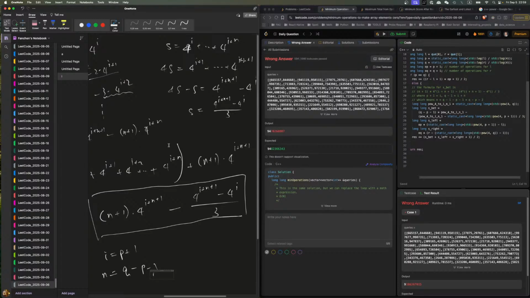So n plus 1 is this thing plus 1 times this minus this minus 4 to the I divided by 3. I don't know. I honestly have no clue why this one is still wrong.